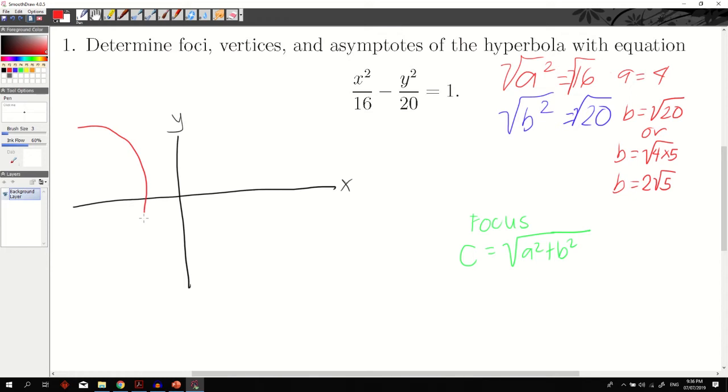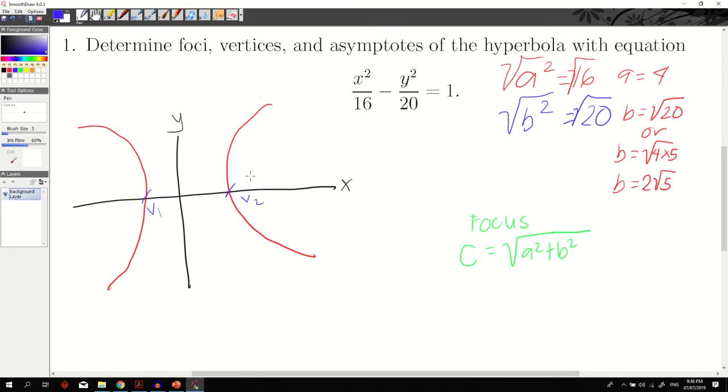So let's just say that we have a hyperbola on the x-axis like that. Then these are the vertices: this will be vertex 1 and this is vertex 2.